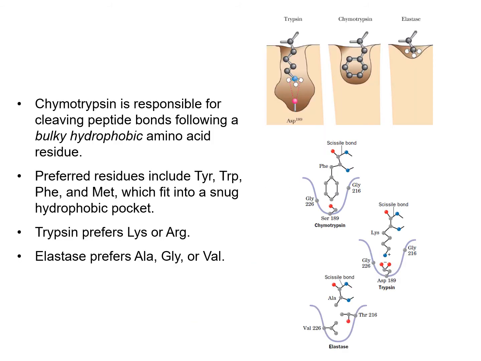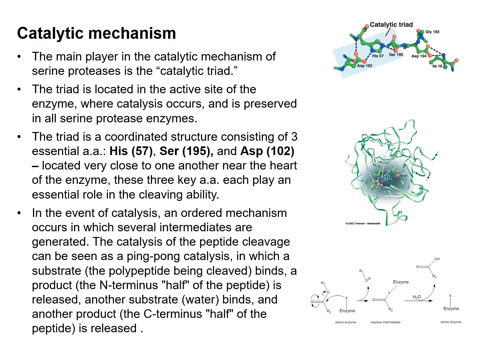Specifically, we've talked about chymotrypsin, trypsin, and elastase, and what their substrates are and how they are different in terms of their enzymatic reactions and mechanisms. Serine proteases have especially highly conserved and critical residues, which are histidine, serine, and aspartic acids, which form the catalytic triad.